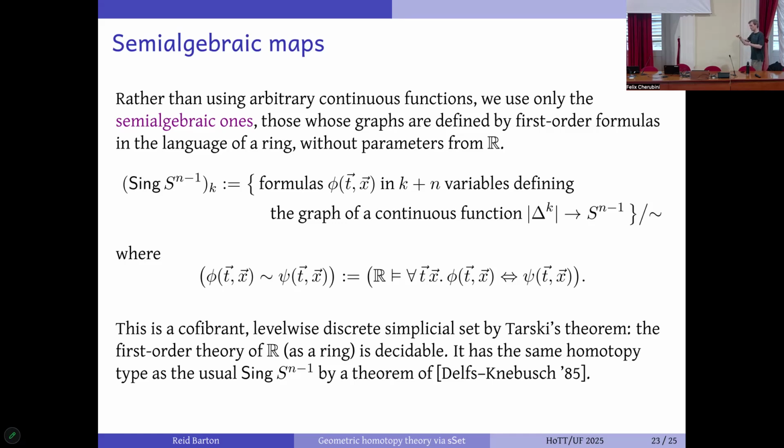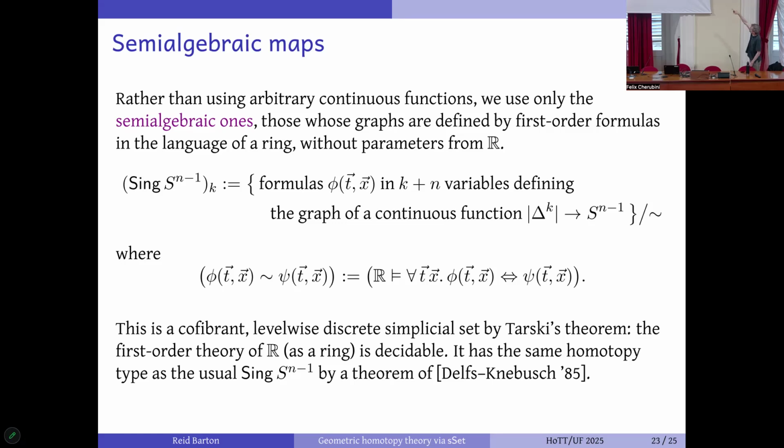I can first write down a formula about phi that says, for example, that for every variable t that belongs to this Delta^k set, there's a unique x such that phi(t, x) holds. That's a sentence in the first order theory of the real numbers, and so by Tarski's theorem, it's decidable.